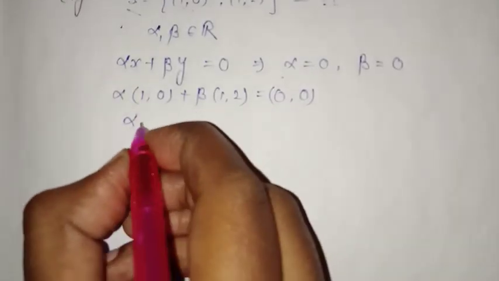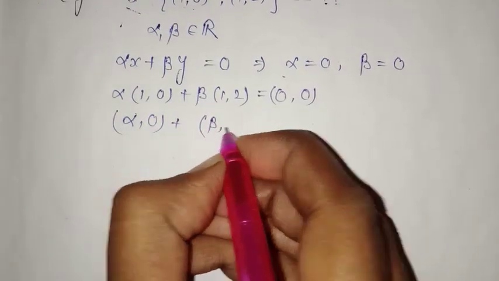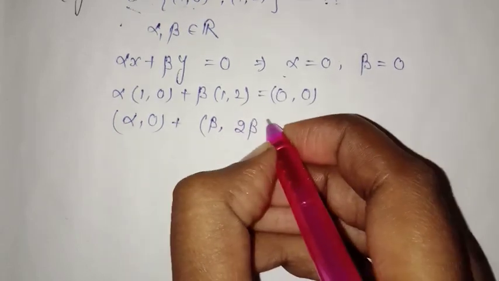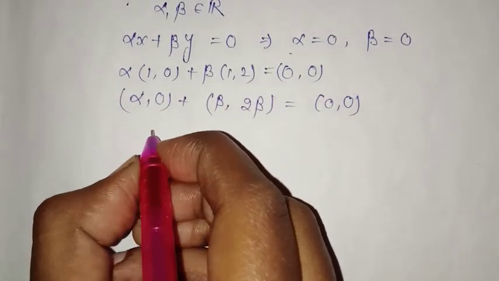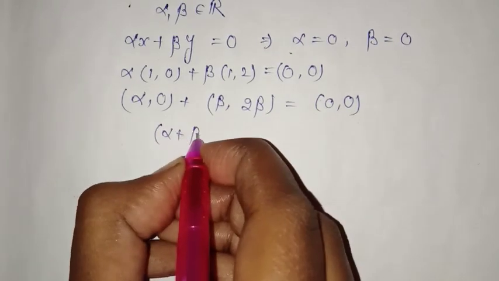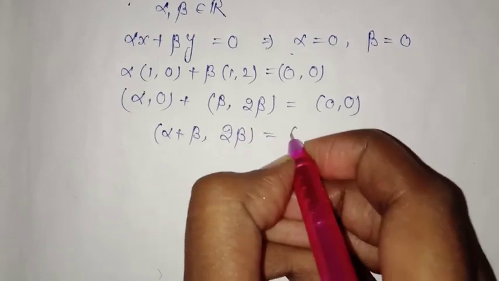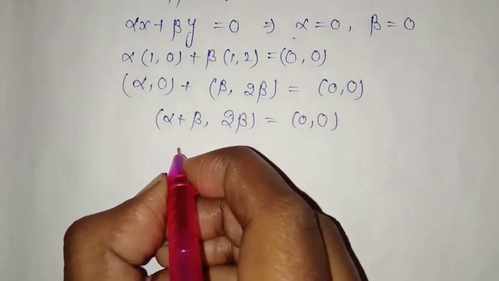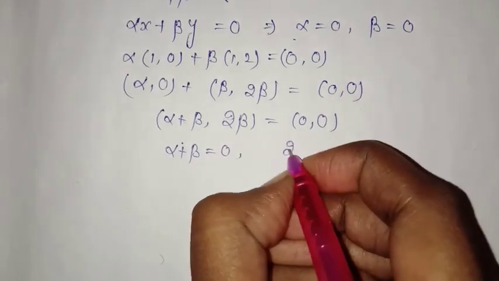So let's write it: (alpha, 0) plus (beta, 2 beta) equal to (0, 0). If I apply the component wise addition, this becomes (alpha plus beta, 2 beta) equal to (0, 0). From here we get alpha plus beta equal to 0 and 2 beta equal to 0.